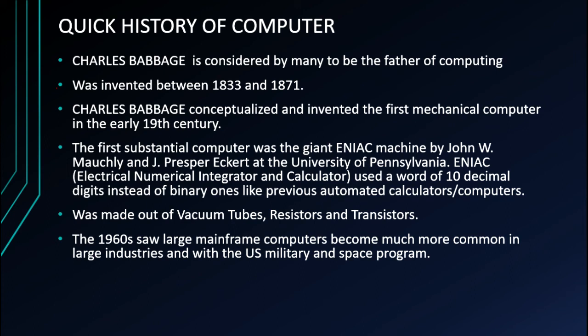Okay, so it used a word of 10 decimal digits instead of binary ones, like previous automated calculators and computers. Also, in the early years, computer is made out of vacuum tubes, resistors, and transistors. Also, in 1960s, large mainframe computers were used by the US military and space program.